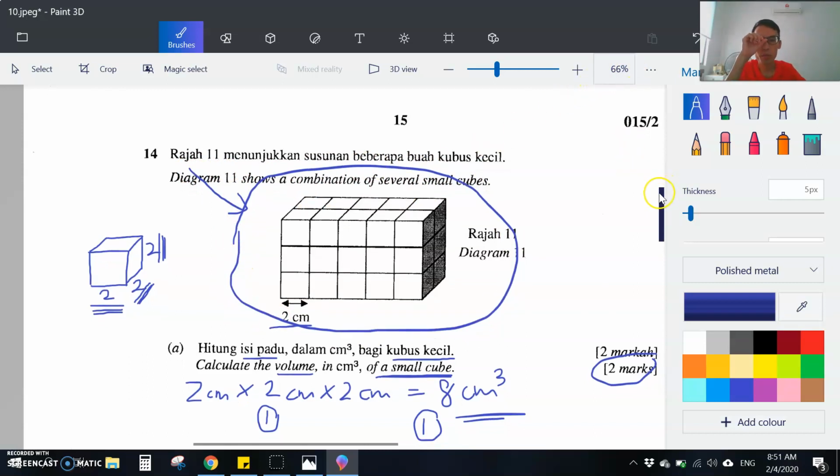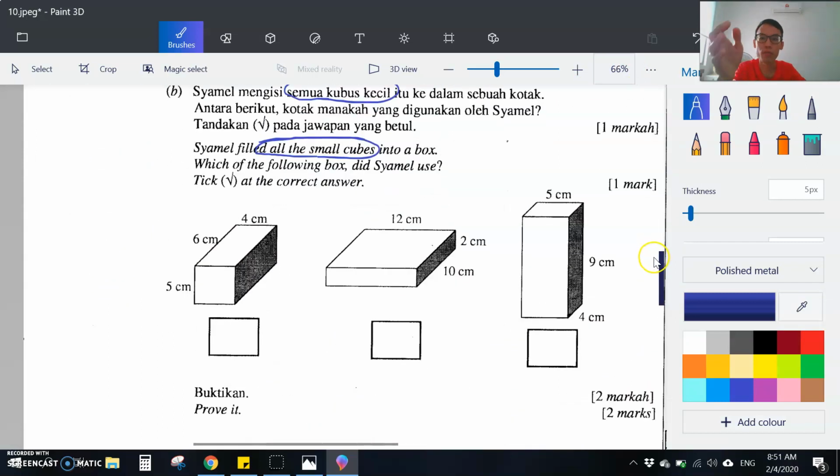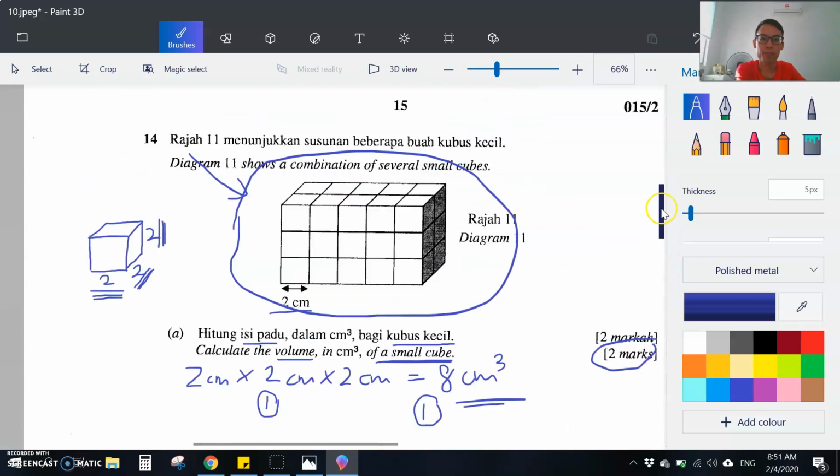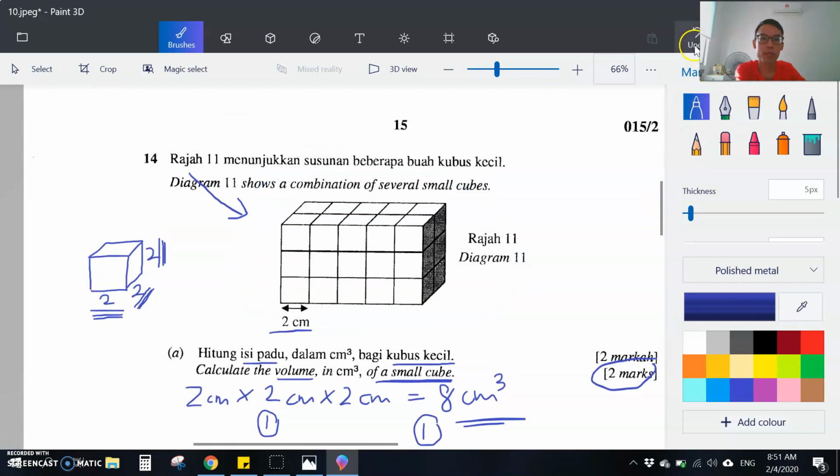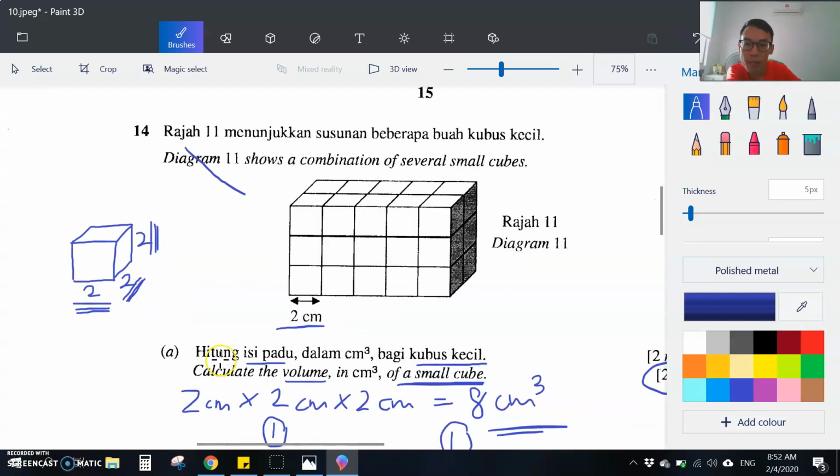So that we know how much volume we need to fit into one of the 3 boxes here. Okay, so the question tells us that one box here is 2 cm. So how many cubes do we have here?